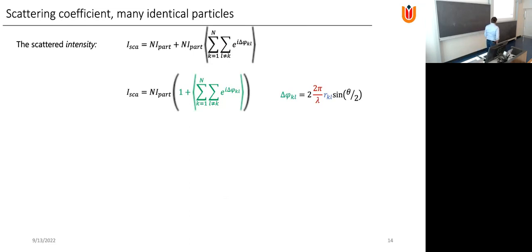Again, regrouping that, the scattered intensity is n times the intensity of one particle times 1 plus this double sum. And again, this double sum features the phase differences between the individual particles, and this phase difference between the individual particles depends on their separation, r_k, r_alpha.